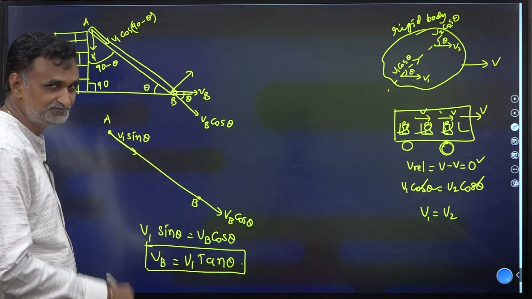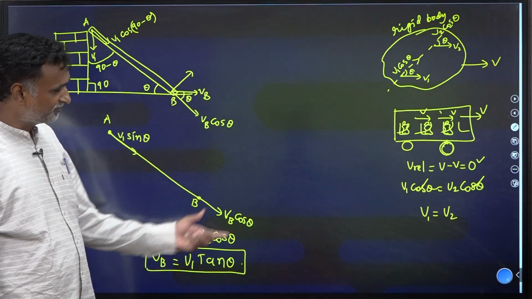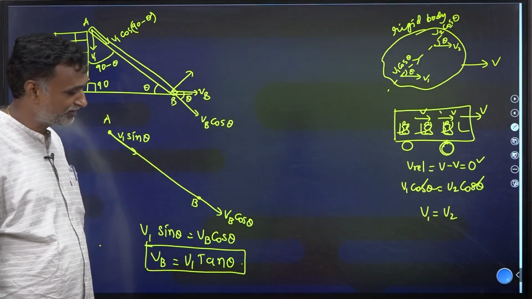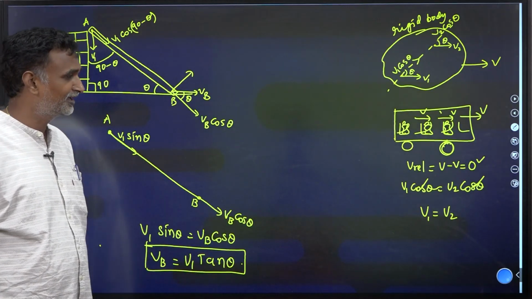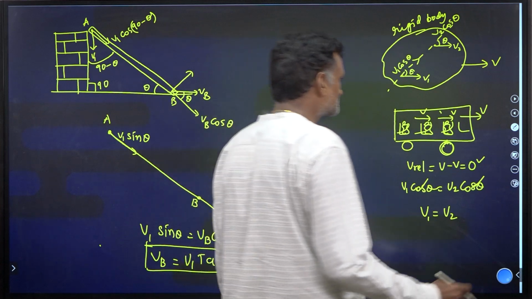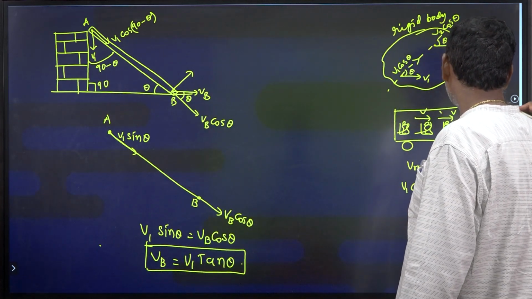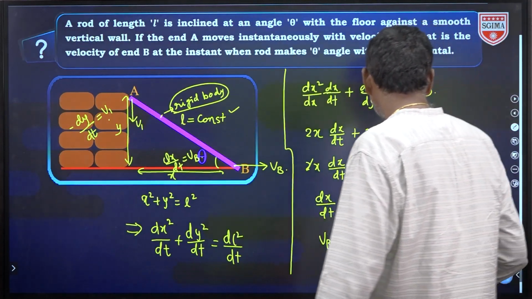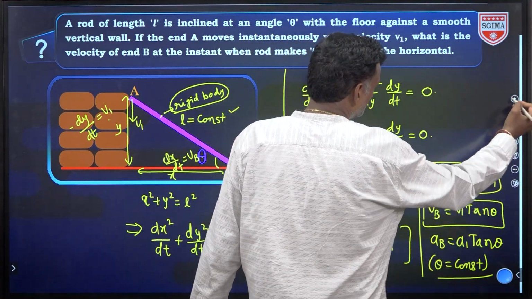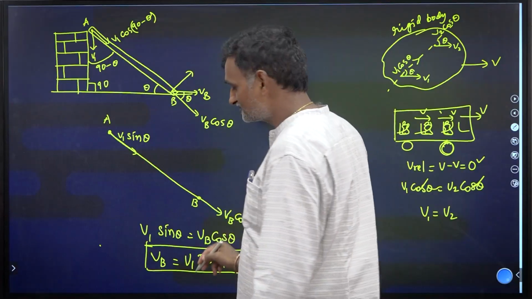This is the answer. If you have any doubt, you can rewind and compare with the answer on the previous slide. VB equals V1 tan theta, the same answer we got already.